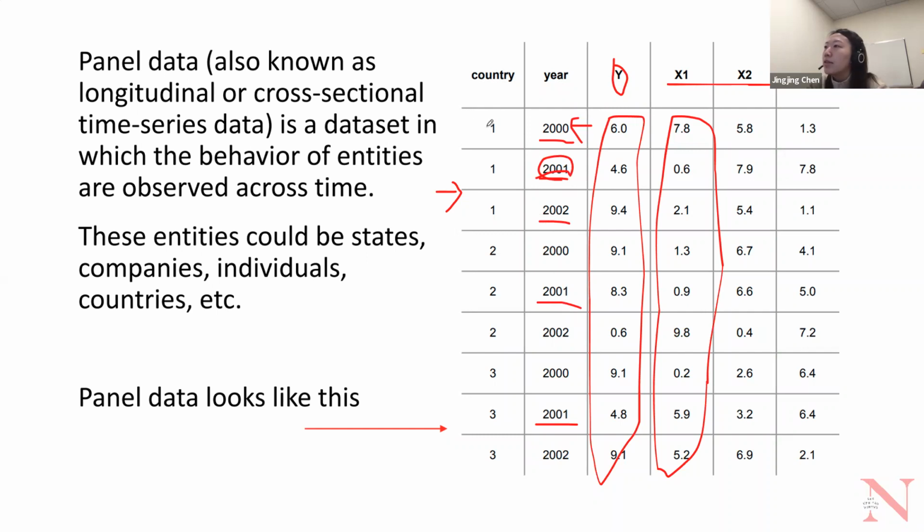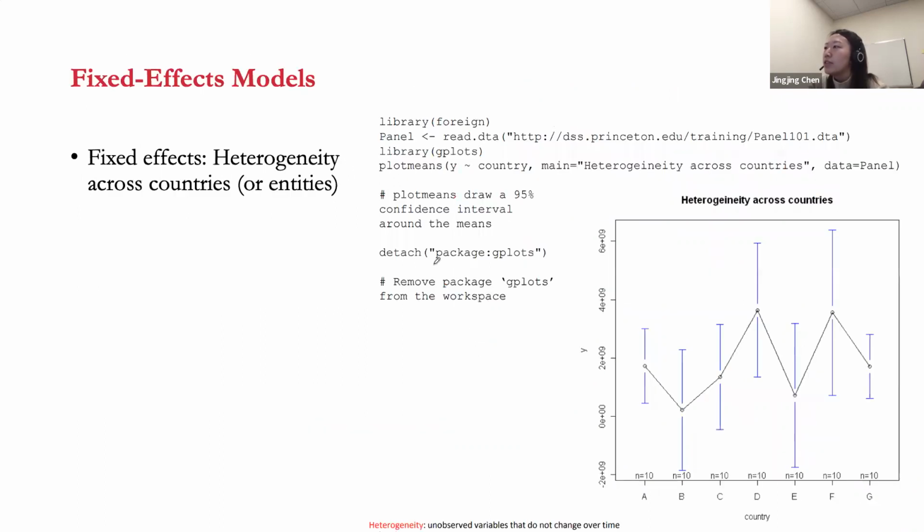And also, what if there is some domestic shortage of labor in country one, but there's no shortage of labor in country two? So that creates a fixed effect among different countries. So I will just show you the fixed effect here, the heterogeneity across country.